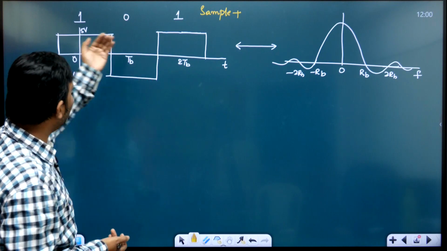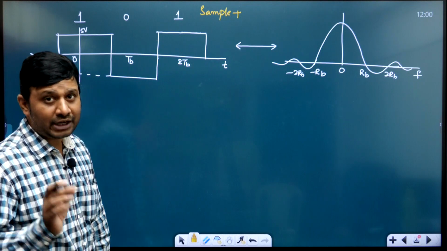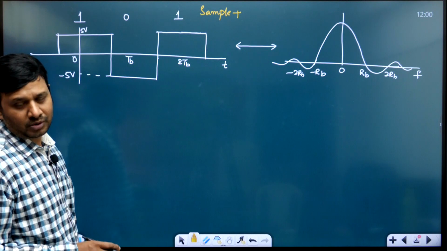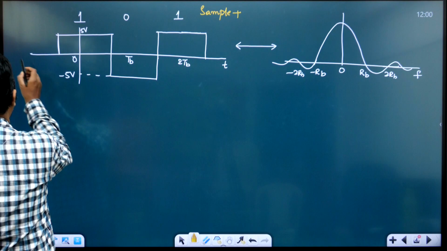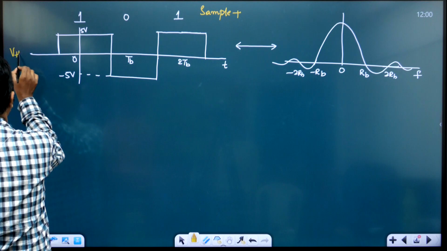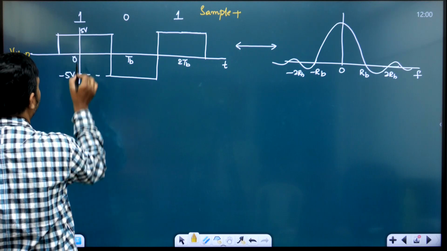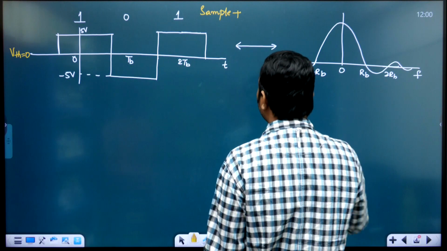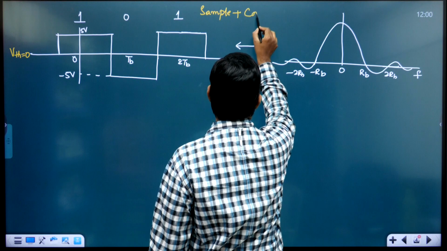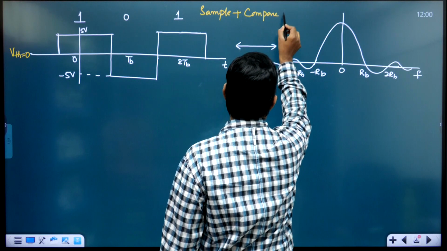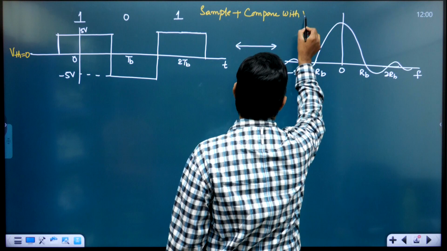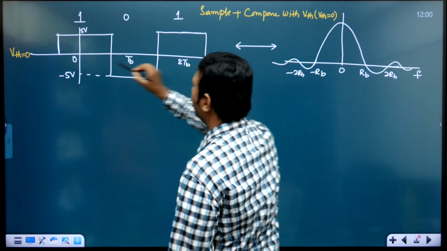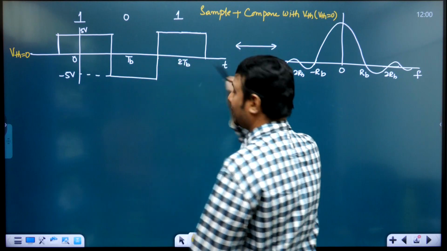Remember, if ones and zeros are transmitted with equal probability, the threshold value is (Vmax plus Vmin) by 2. In this case the threshold value is 0 because Vmax is 5 volts and Vmin is minus 5 volts, so the average is 0 volts. So we will sample and compare with the threshold voltage, and in our case, threshold voltage is 0. Not always, in our case.